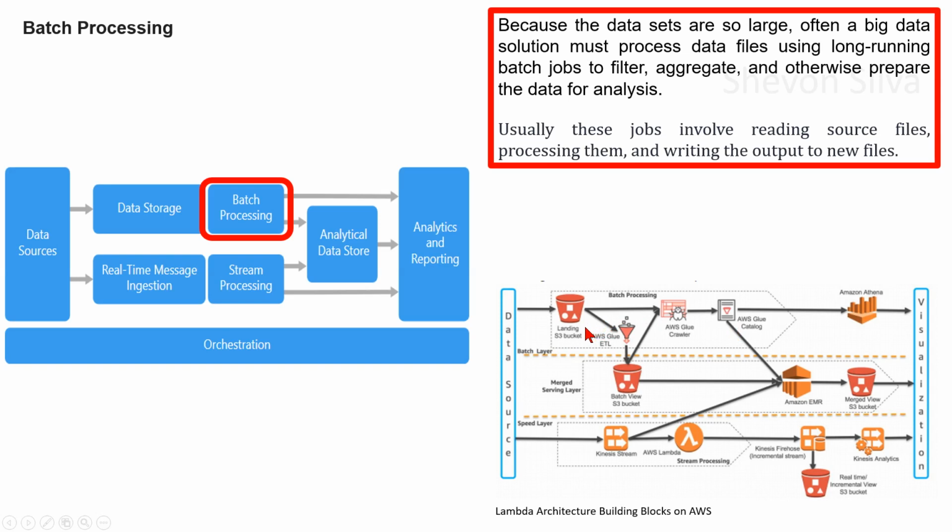The data ingestion step comprises data ingestion by both the speed and batch layer, usually in parallel. For the batch layer, historical data can be ingested at any desired interval.